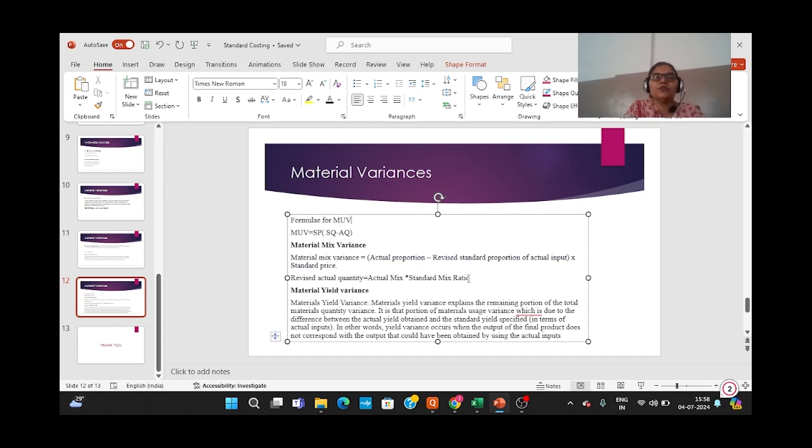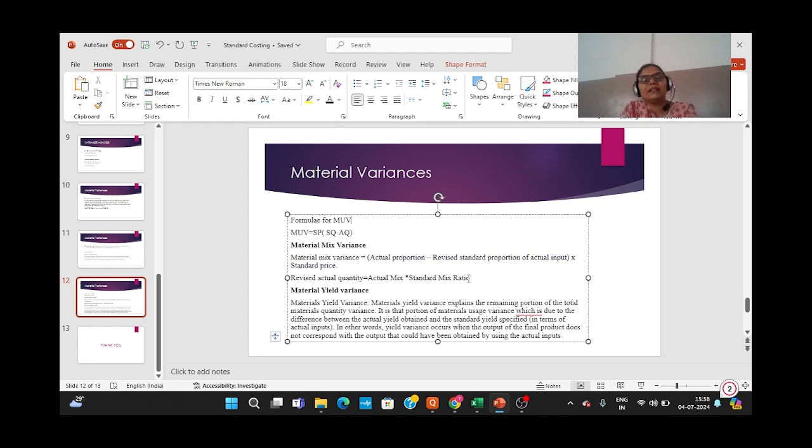Previously you were making tea for two people, now you are making tea for four people, and with the addition of these two people, the mix of your tea ingredients has totally changed and increased. So this kind of change in the proportion of material from standard mix to actual mix gives rise to material mix variance.